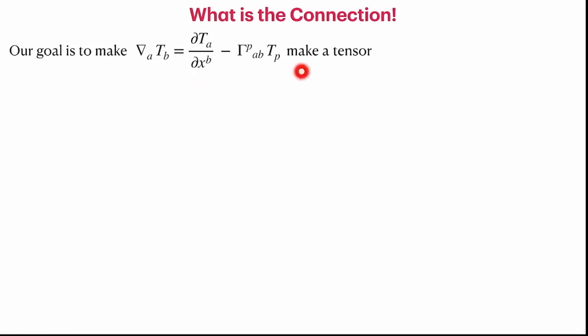For a covariant vector field, it is given with this definition: nabla_a t_b is equal to the partial differential with respect to x^a of t_b, minus gamma^p_ab taken with t_p, to make that a tensor field. Now we know that this partial differential is not a tensor.